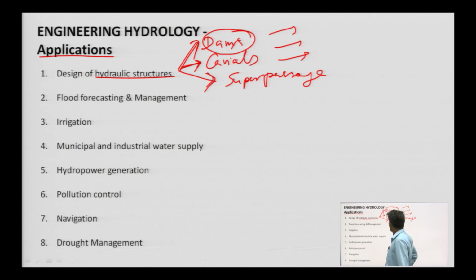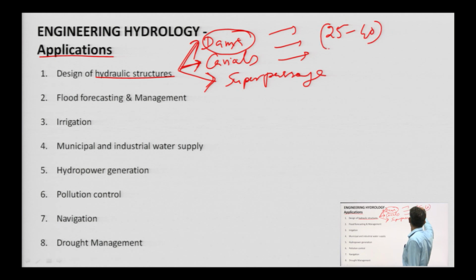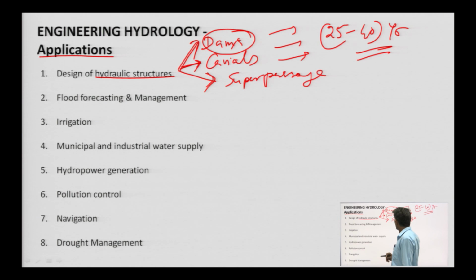Therefore, prior to designing a dam, we must have the data of at least the last 25 to 40 years, so that we can decide the different conditions, different elements of the dam, and different locations, and many more parameters that we need to decide.